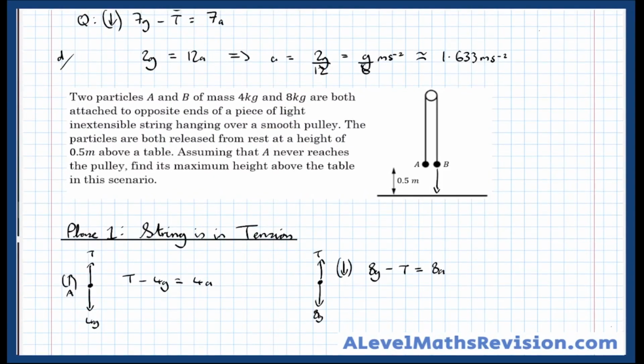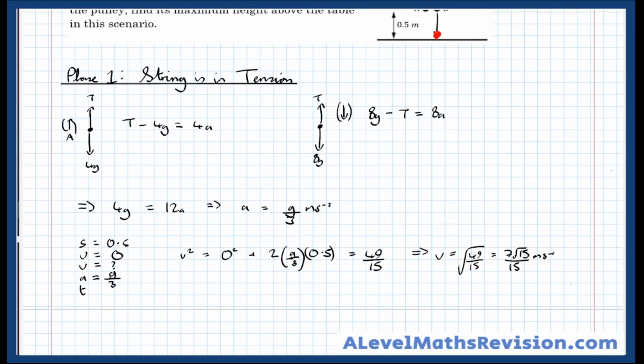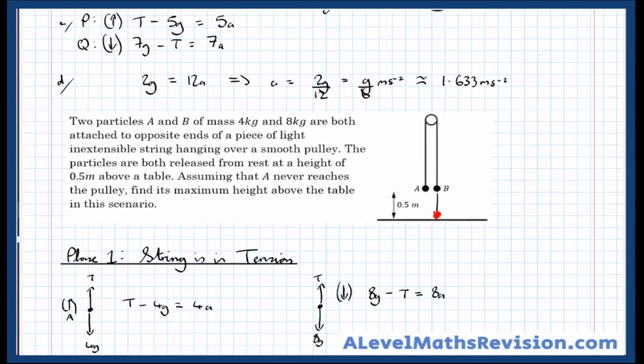So what's actually happened here is that B has fallen to the ground, as per this arrow here. So B is now down here. It's just hit the ground with speed, we said, V equals 7 root 15 over 15.